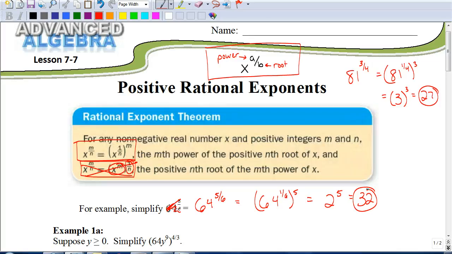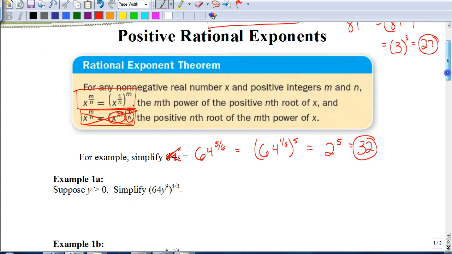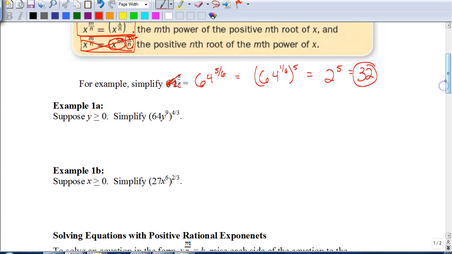Or we can work our way backwards from 64, because remember, 2 to the 6th power is 64, so if I divide that by 2, going backwards 1, I would get 32. Just an option there for you. Now we want to be able to do as much of this as we can without a calculator, because on your test that's going to be the case. So let's look at this next one.